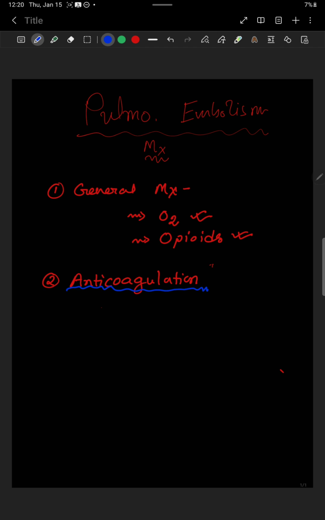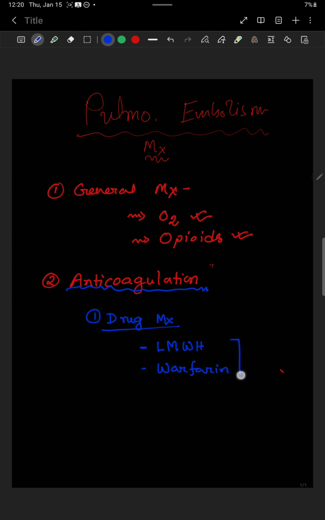Let's start. In anticoagulation, you can give the drug management. Different kinds of drugs are there, but most importantly, you should give an anticoagulant drug. Keep in mind about low molecular weight heparin, like enoxaparin, and another one is the warfarin.